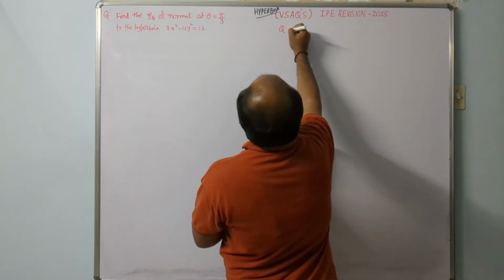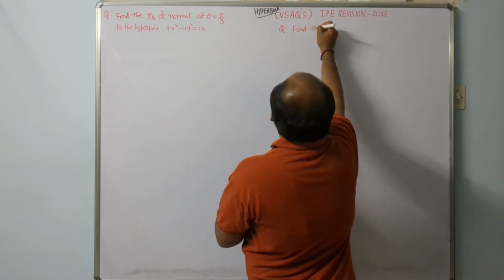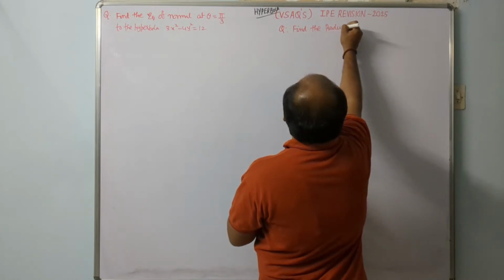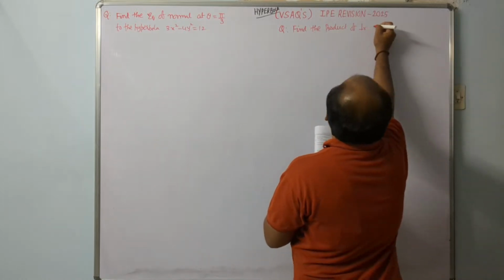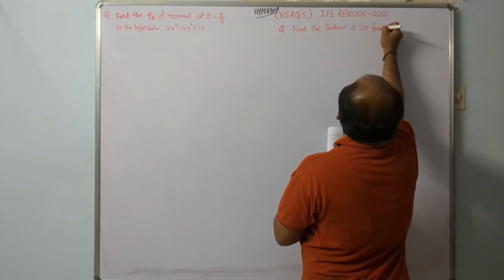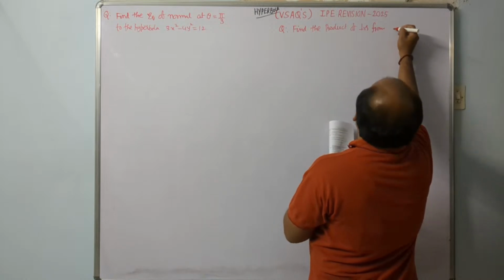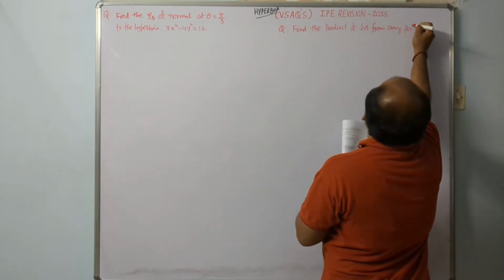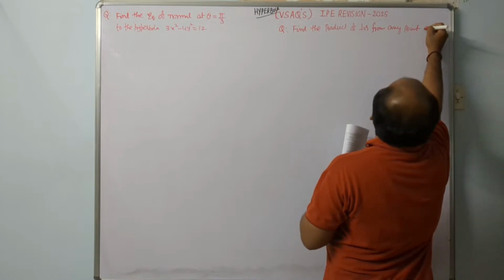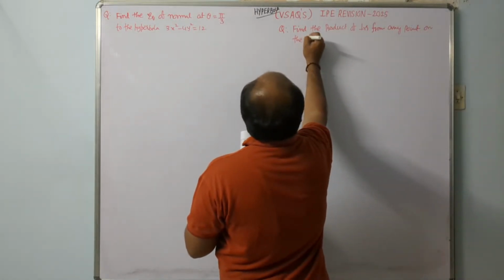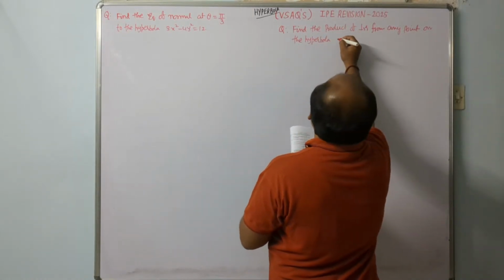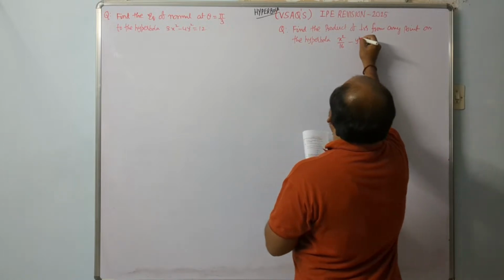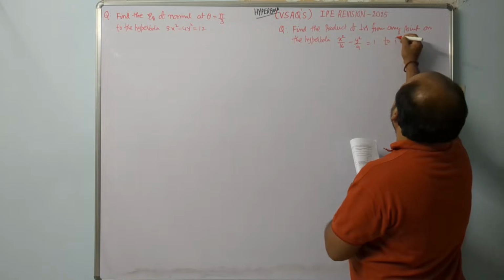Next, find the product of perpendiculars from any point on the hyperbola x square by 16 minus y square by 9 equal to 1 to its asymptotes.